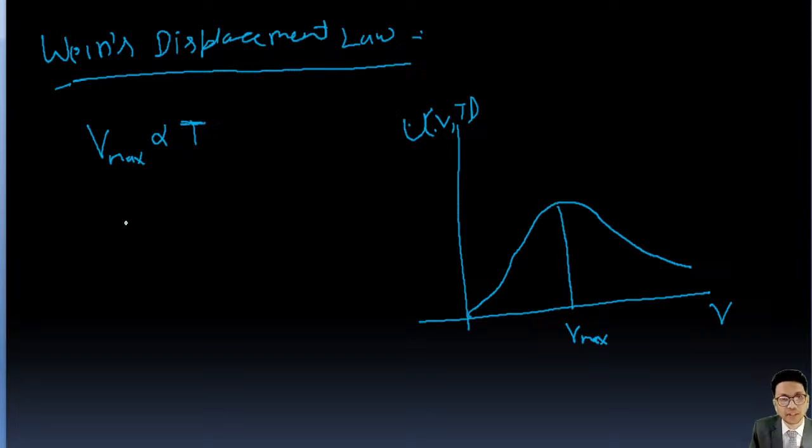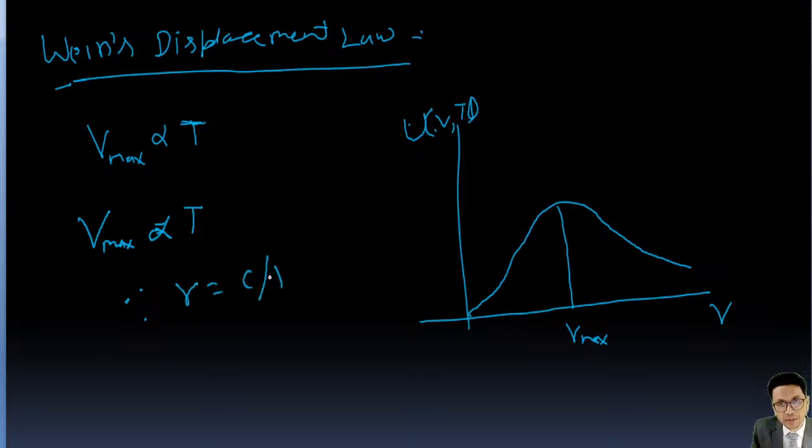So nu max is proportional to T, or since we know nu equals c by lambda.